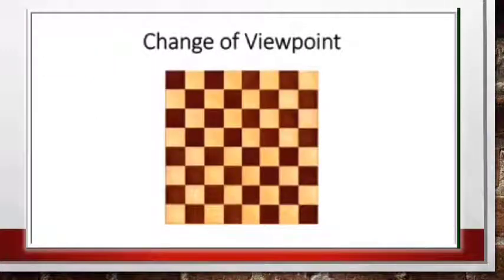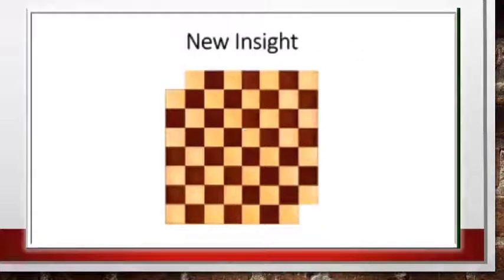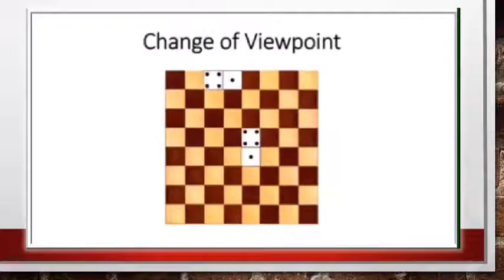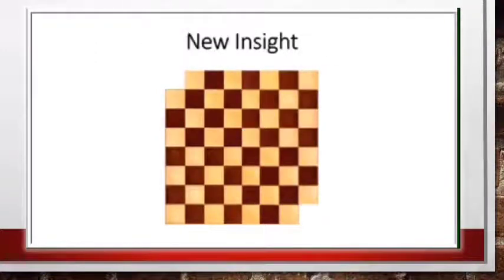So this is a change of viewpoint. They will realize that it doesn't matter whether you place a domino horizontally or vertically, it always covers exactly one dark square and one light square. And when we cut out 2 opposite corners, notice what happens. You cut out 2 opposite corners and they have the same color.